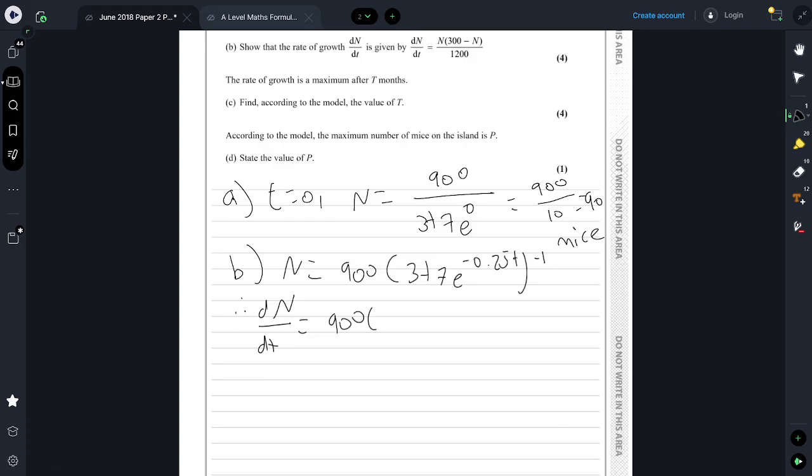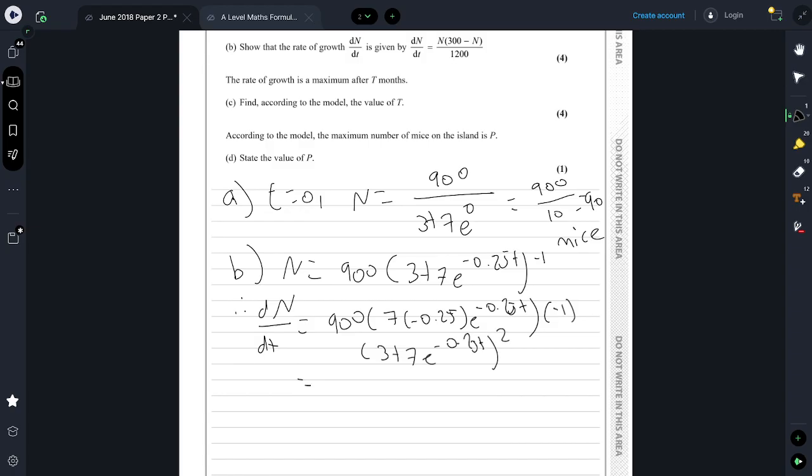The constant will go away to 0. 7e to the minus 0.25t, that's going to be 7 times minus 0.25 e to the minus 0.25t. And that'll be times minus 1, and then times the same thing, (3 plus 7e to the minus 0.25t) squared.